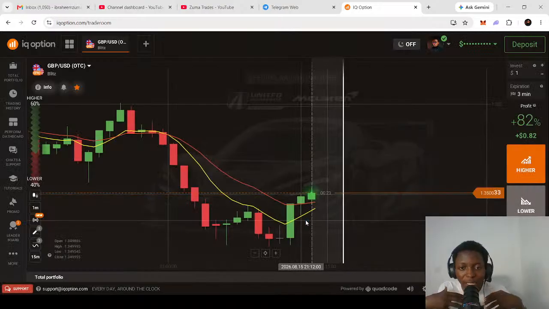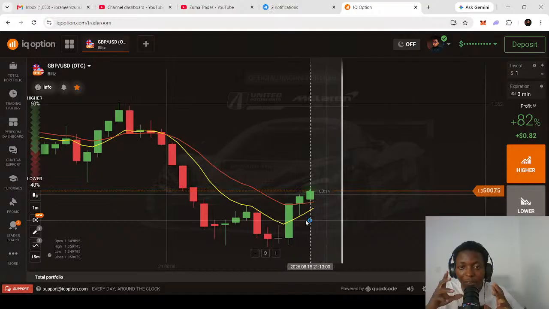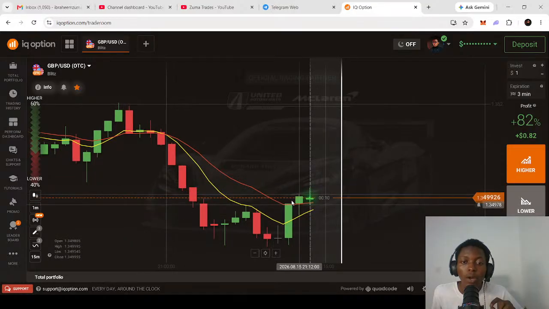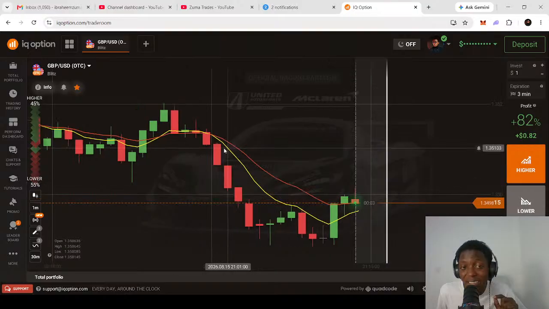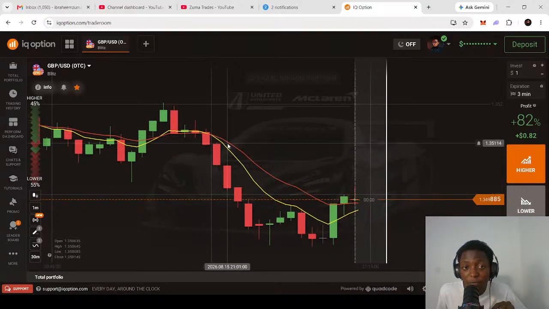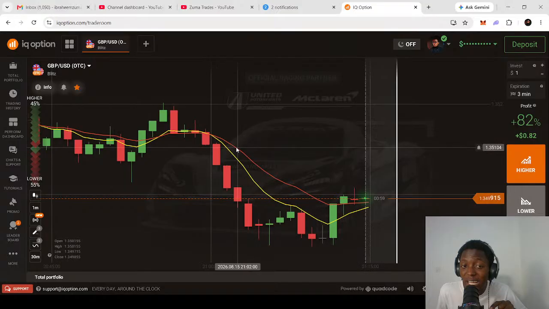And what we are looking at here, to explain why we want the moving average, is how it works, right? The yellow moving average is the faster moving average, and the 14, or the red moving average, is the slower moving average.